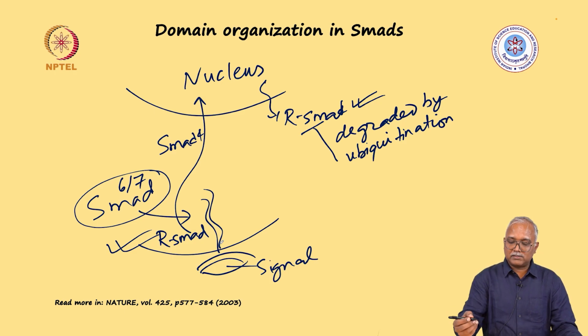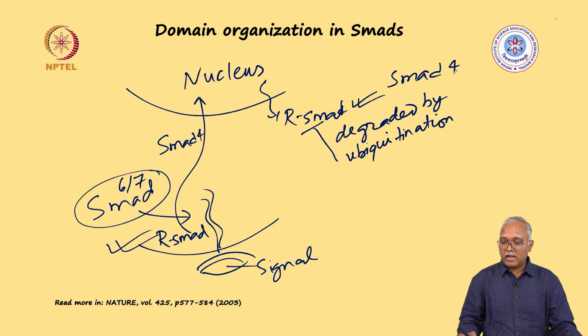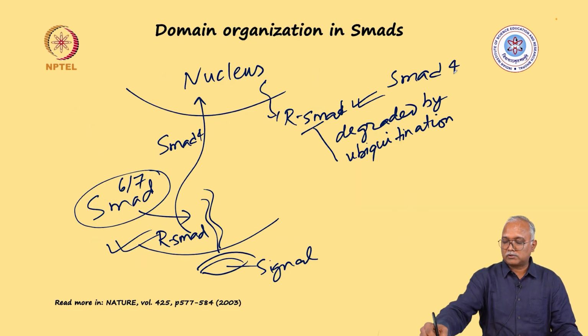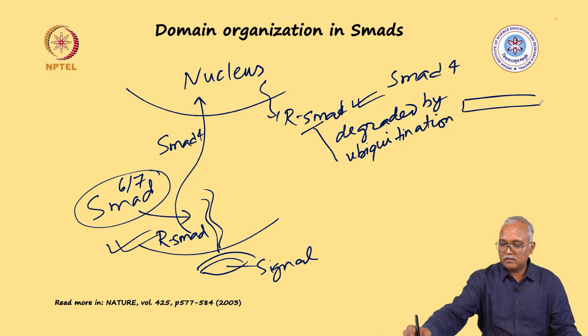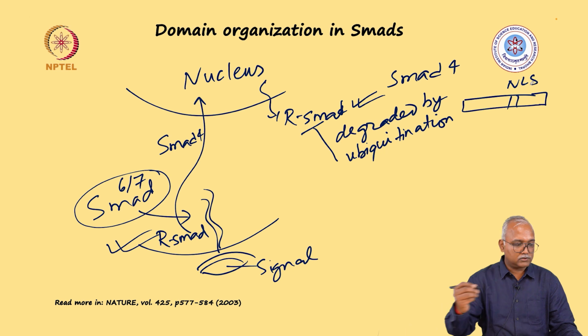Now one question is, why will you generally need R-SMAD to couple with SMAD4 so that it can go to the nucleus? This is where the answer lies in the domain organization of these R-SMADs. Some of these SMADs will have a nuclear localization signal.